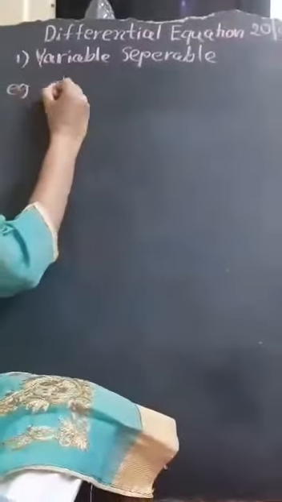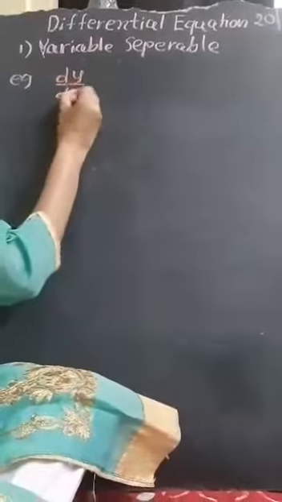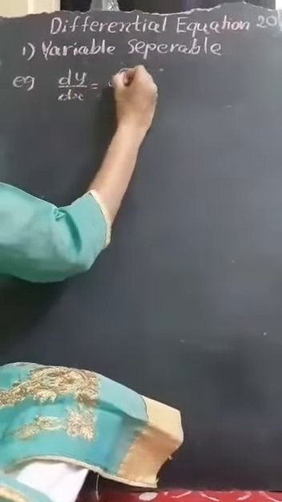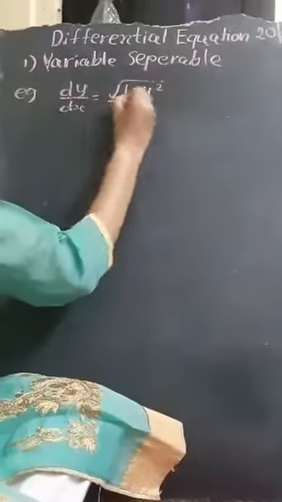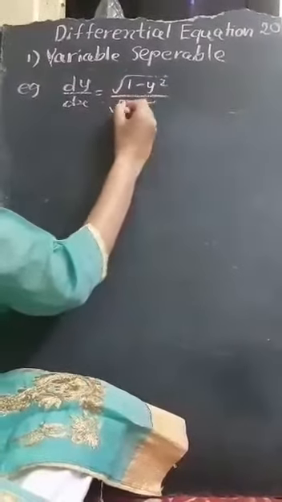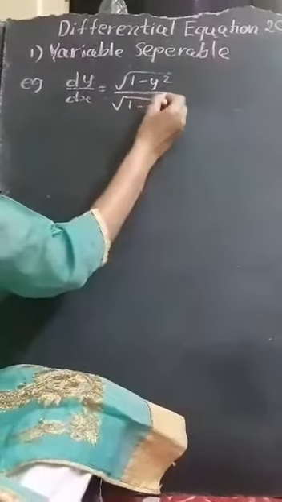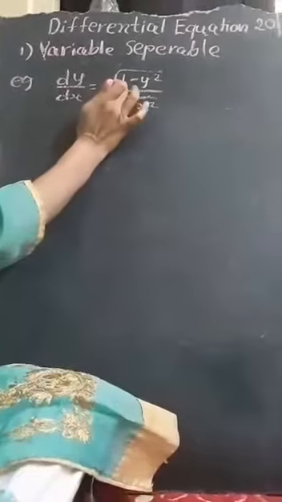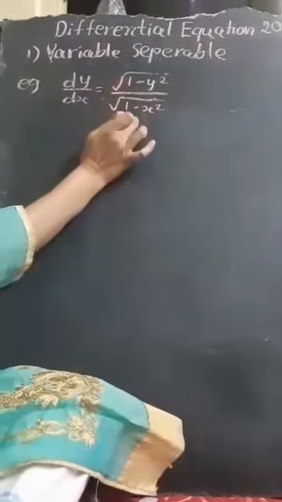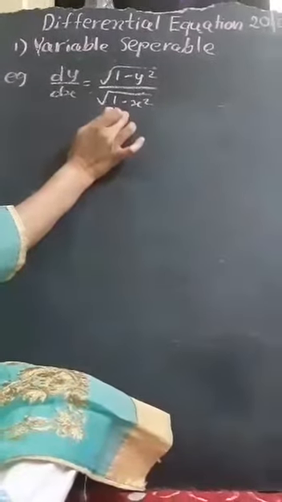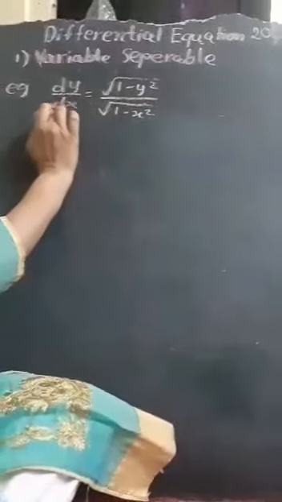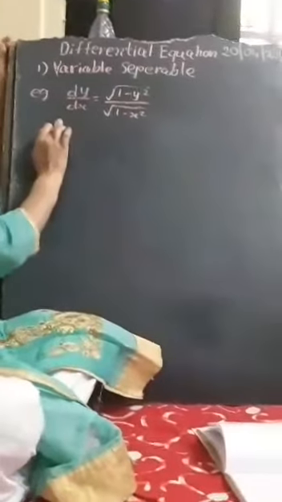So for example, suppose dy by dx is root 1 minus y square upon root 1 minus x square. Then you can easily see the numerator is a function of y and the denominator is a function of x. This upon dx we don't want, so I will take this dx on the right side and root 1 minus y square I will take on the left side.